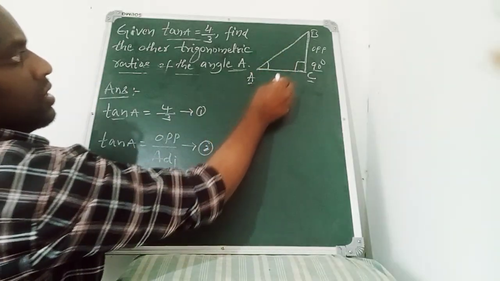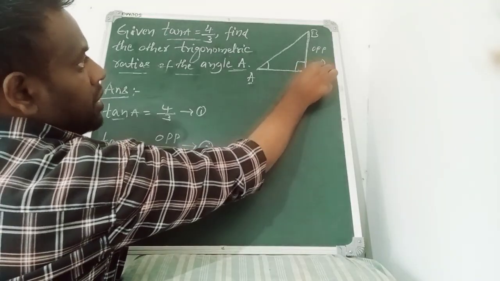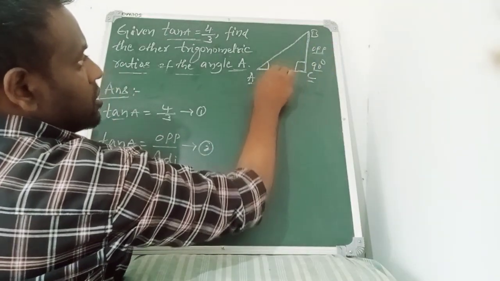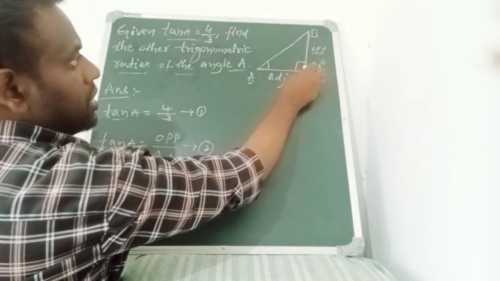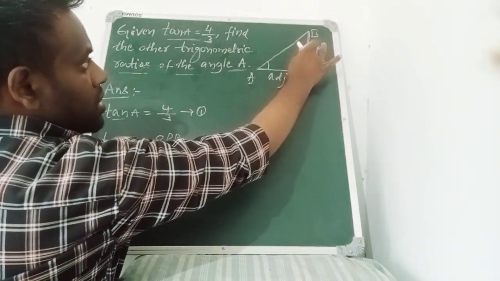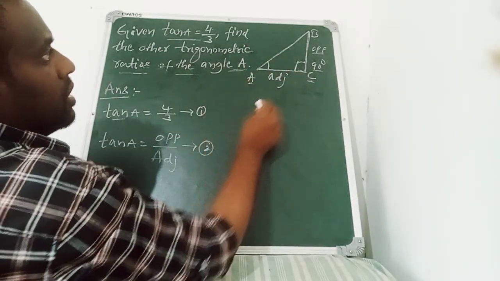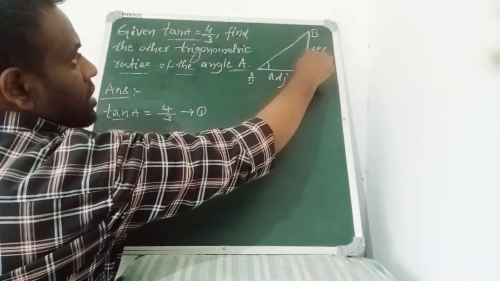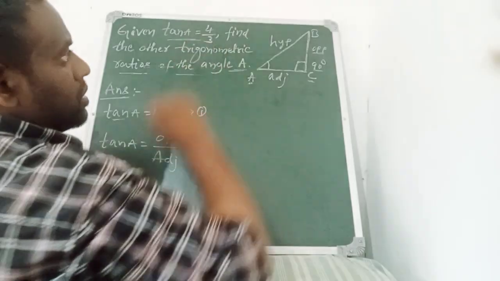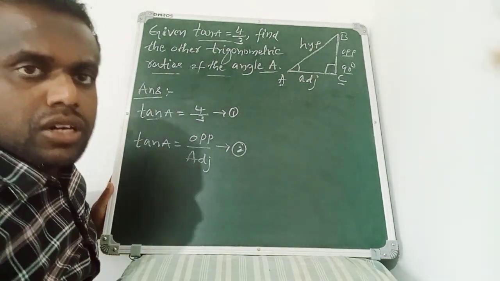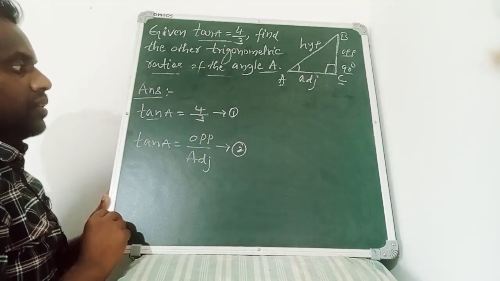The side which is making 90 degree with the opposite side is the adjacent side. Okay. Remember, if it is a 90 degree angle here and this side is opposite, this will be the adjacent. Remaining side is there, no? This side is done, this side is done. Remaining side is hypotenuse. HYP is the short form of hypotenuse. Okay, that is the hypotenuse side.